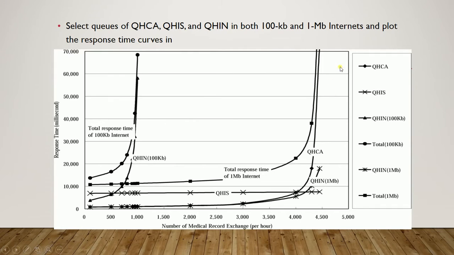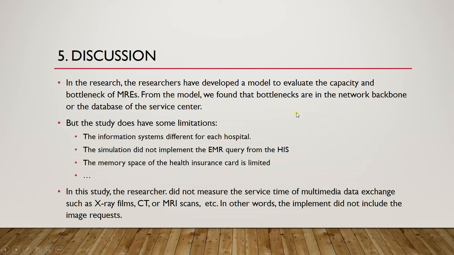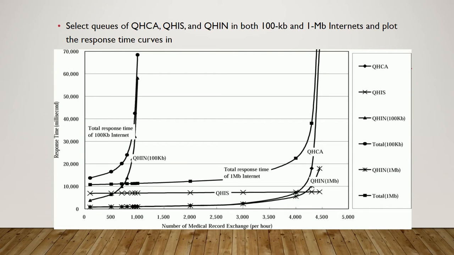In this figure, we can see the researchers changed the internet to 1 megabit, and we can see the bottleneck of this queue very clearly. That's the result of the researchers' implementation.